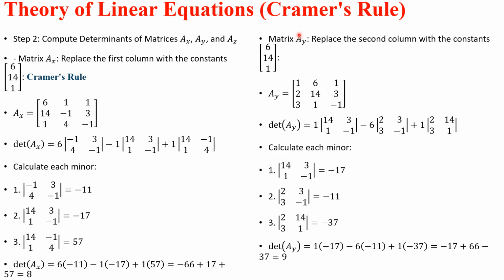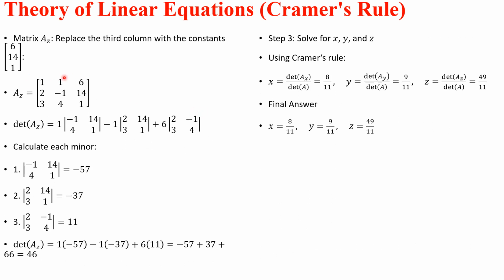We then move ahead to work on matrix AY. The matrix AY is gotten from matrix A by replacing the second column with the constant values 6, 14, and 1, and that we've done here. We also find the determinant of AY, and that gives us 9.